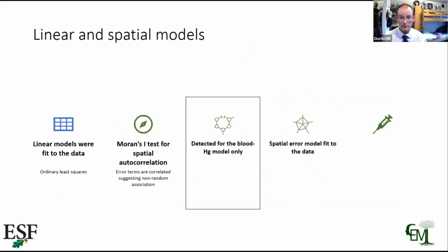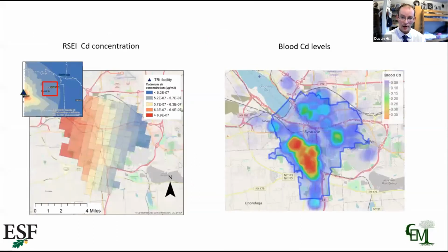So we did not detect the autocorrelation for cadmium, as I said earlier, but we did suspect spatial cluster structure because when looking at the observations and mapping the data, we seem to have some potential clustering of our observations, particularly in the southwestern portion of the city.